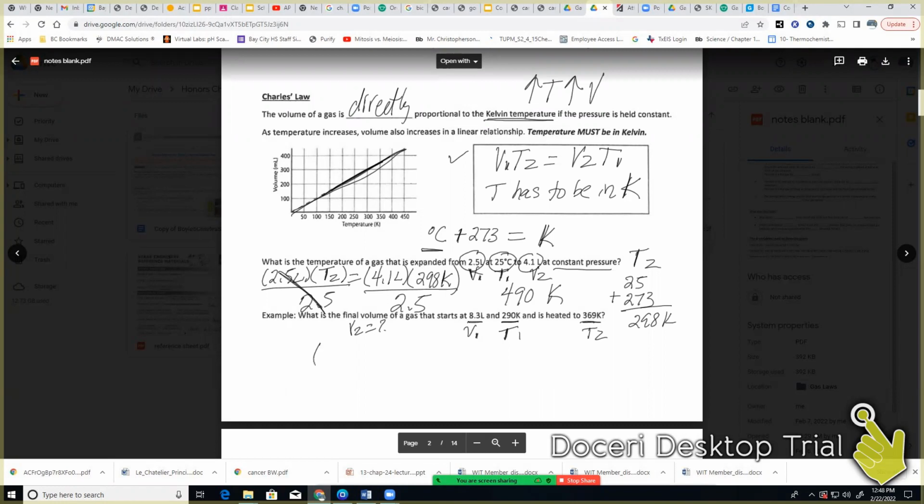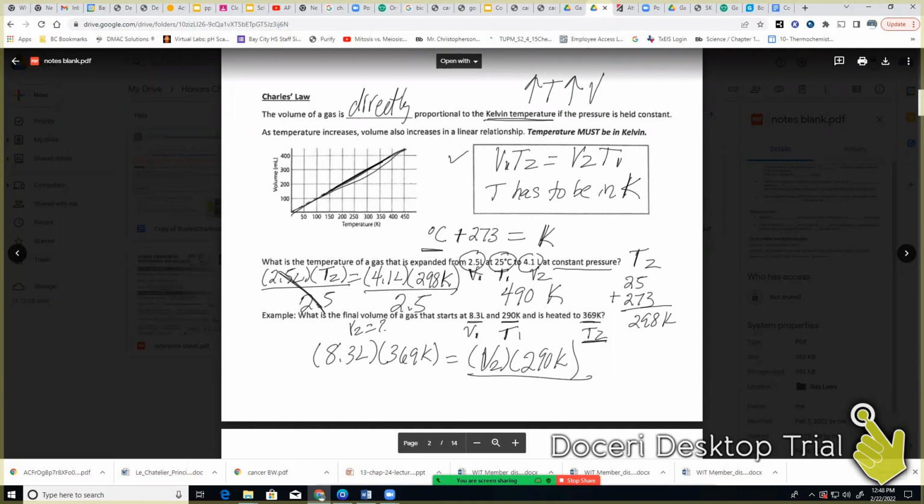So I'm just going to start filling in. V1 was my 8.3 liters, T2 was my 369 K. That's equal to V2, which is my unknown, my X, times my original temperature, which is 290 K. All right, so there's my setup.